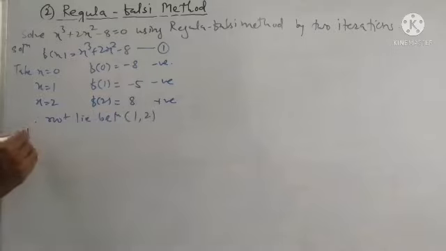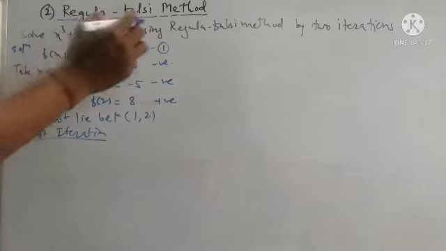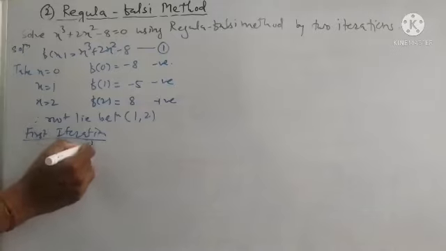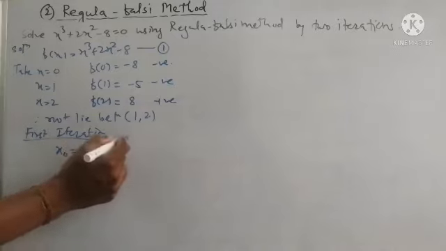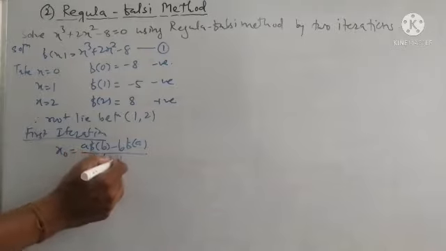Okay, so we get the first iteration, or first approximate root, as we use regula falsi method. So we know the formula: x naught is a into f of b minus b into f of a divided by f of b minus f of a.